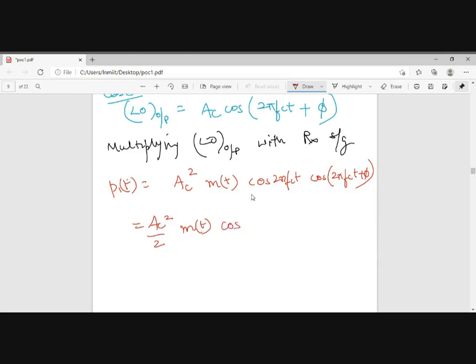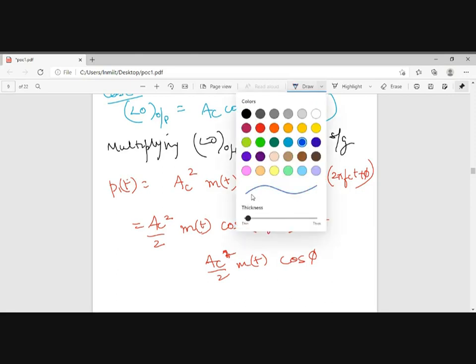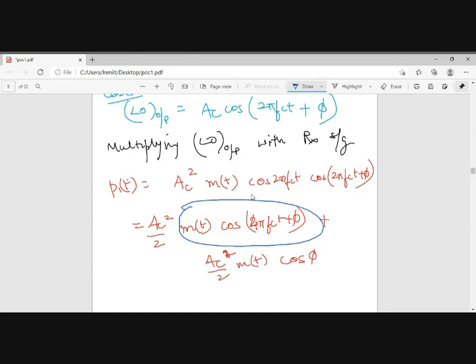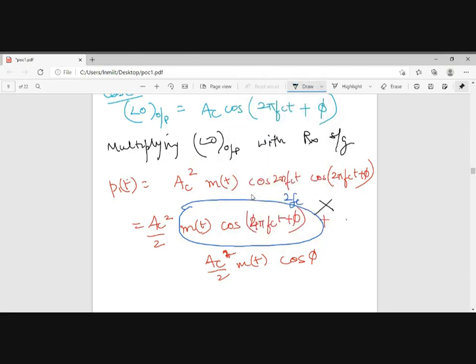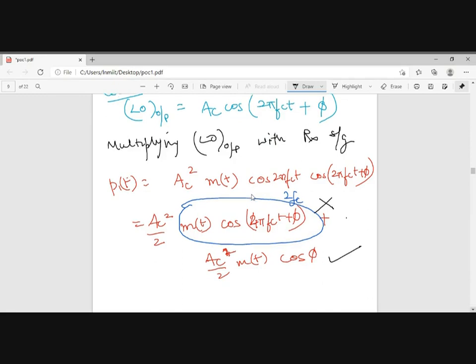So this will be cos(4πfct + φ) plus Ac²/2 m(t) cos φ. The first signal will be centered around 2fc, so the filter will not pass it, but the filter will pass the second signal.